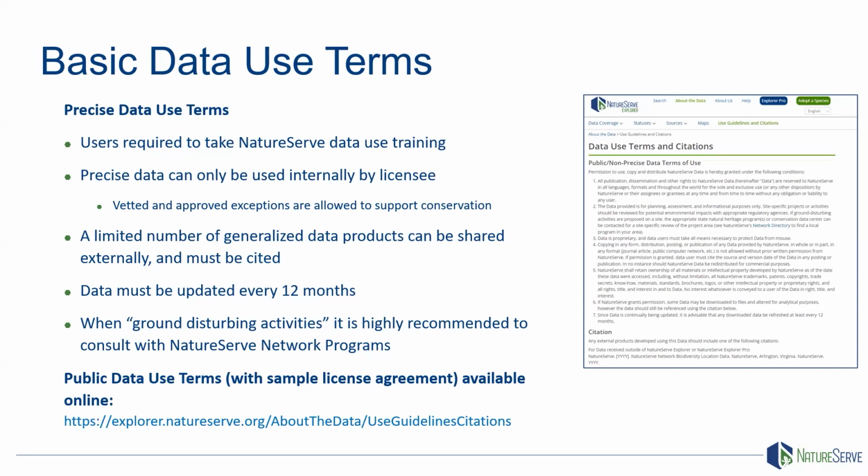And finally, we highly recommend that you contact our local network programs when there are any ground disturbing activities planned. And during the acquisition of precise data, NatureServe will provide an opportunity for data users to meet with network programs and facilitate the provision of additional data sets that might be available locally from our network programs.